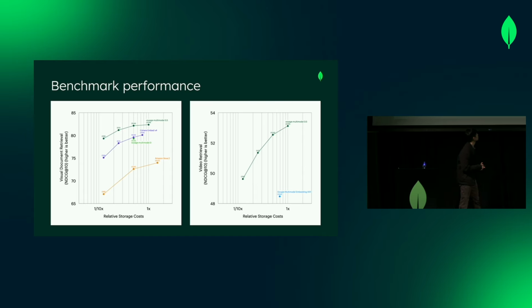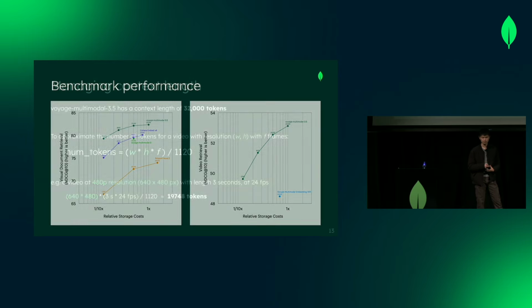And on the video embedding side, even with 256 dimension embeddings, which are significantly smaller than what Google provides out of the box, we're able to achieve better benchmark performance. So to reiterate, Voyage Multimodal 3.5 supports dimension options from 256 all the way up to 2048, and a wide range of quantization options that makes it flexible for any use case that you might have.